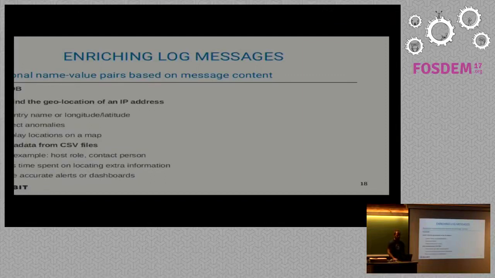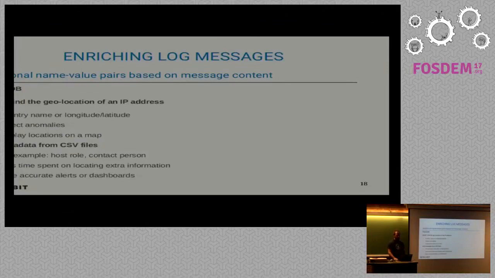syslog-ng can enrich log messages and create additional name value pairs based on the message content. I already mentioned pattern.db on the previous slide. You can also use a GeoIP parser to add geolocation based on IP addresses.